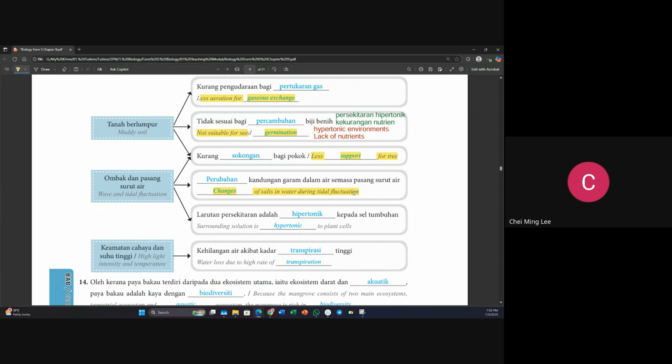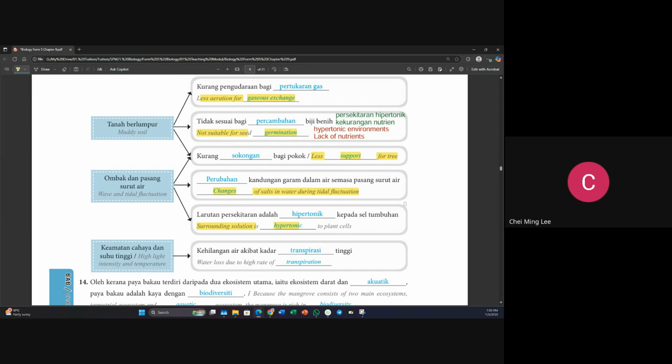So this is why there is a change in concentration of salt. The surrounding solution is normally hypertonic to the plant cell. So will a normal plant release or absorb water? It will release, because the surrounding is more hypertonic to the plant. So the cell will tend to release water.